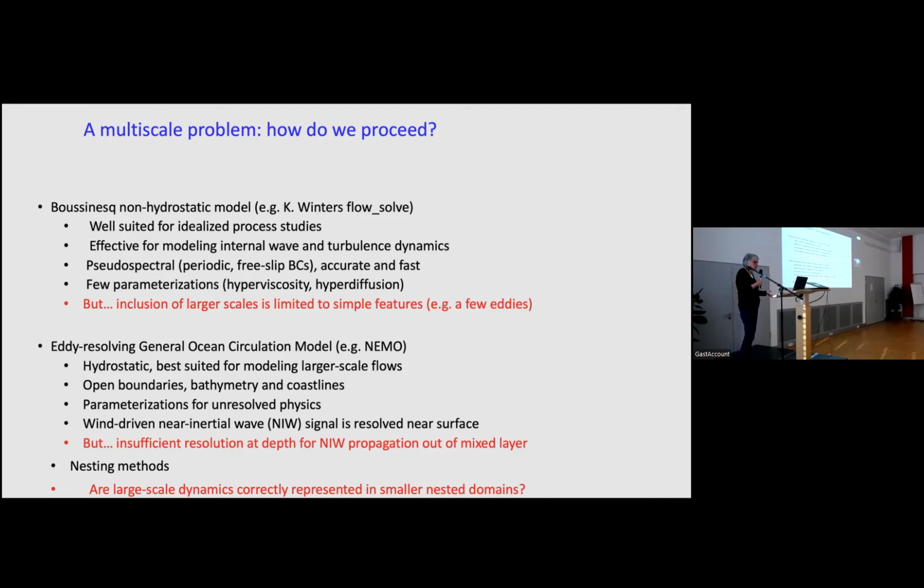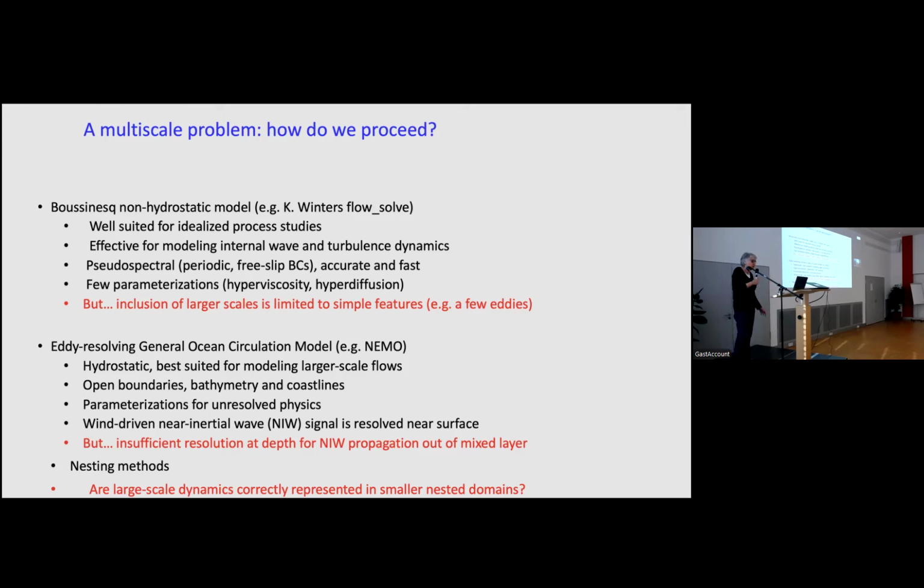So on the other hand, we could use an OGCM such as NEMO, which is hydrostatic. It's really well suited for modeling geostrophic flows, larger scale flows. It has all kinds of realistic boundaries, open boundaries. It's got bathymetry, it's got coastlines.